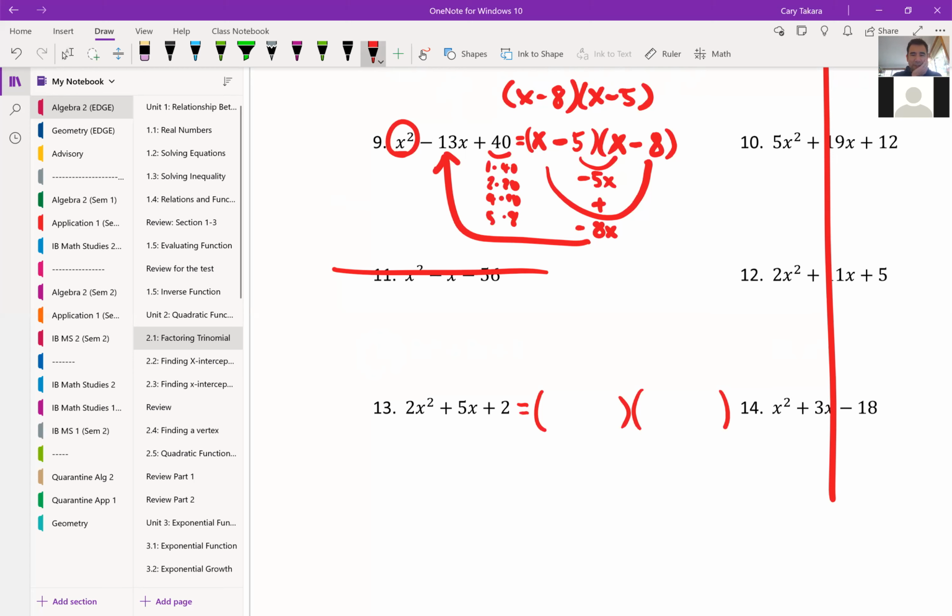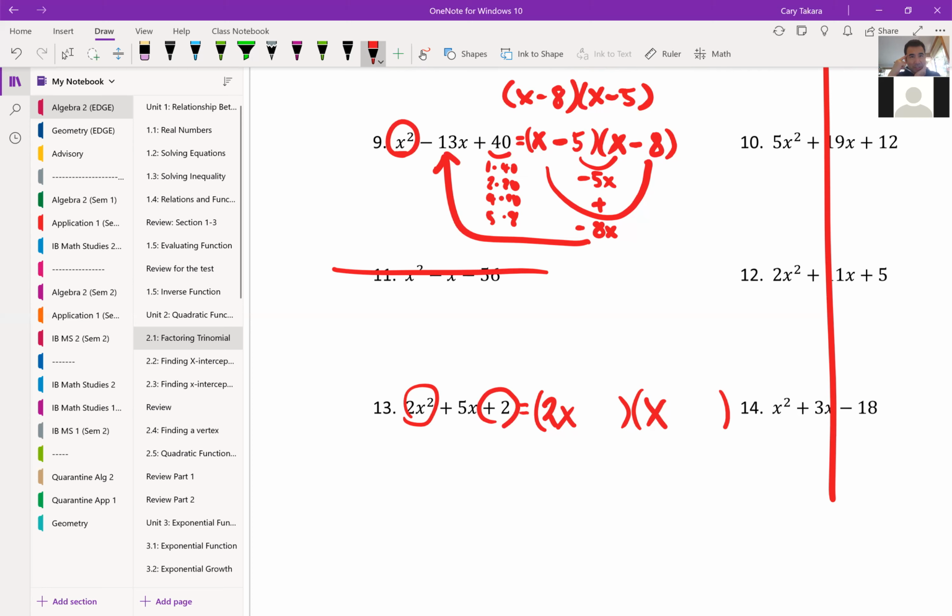This one definitely has to be 2x and x to account for this 2x squared, right? Because if you distribute, 2x times x is 2x squared, and that is the only possibility. Next, you're going to skip the middle, but look at the last term too.